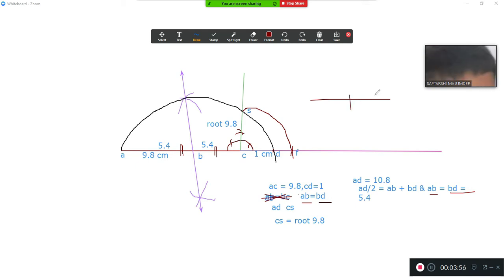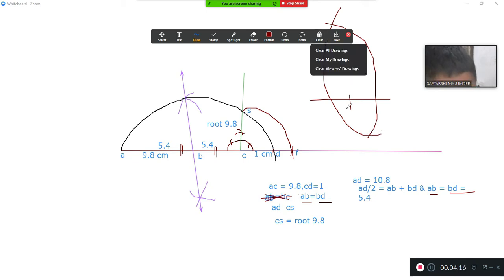Assume this be center and take length more than center and make a semicircle like this. Now without changing the measurement, keep your compass needle here, again make a circle.